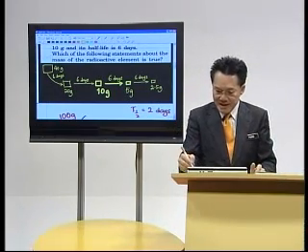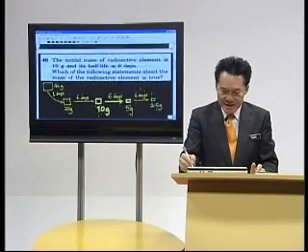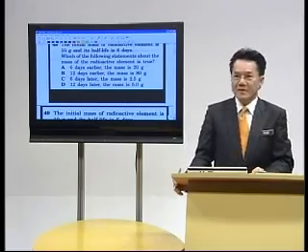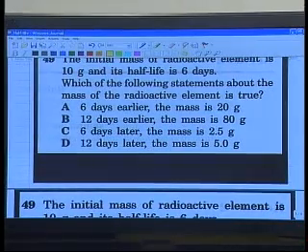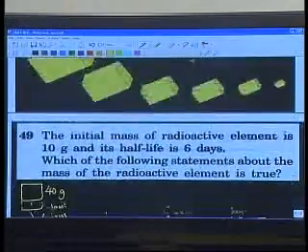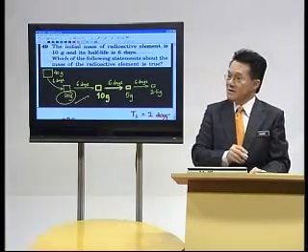Let us look at the answer. Alright? What is the answer? A, 6 days earlier, the mass is 20 grams. Is it correct?